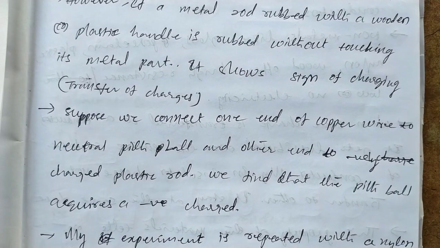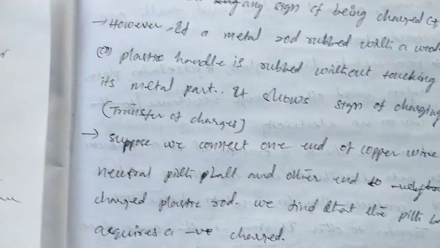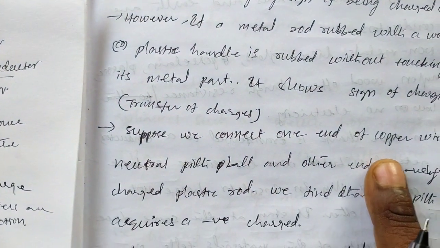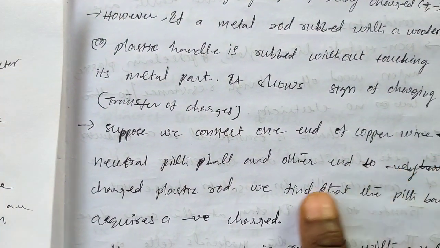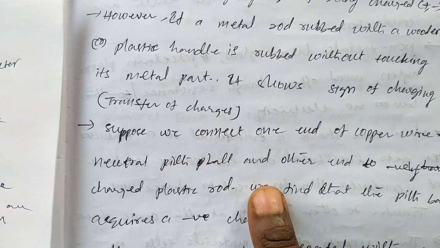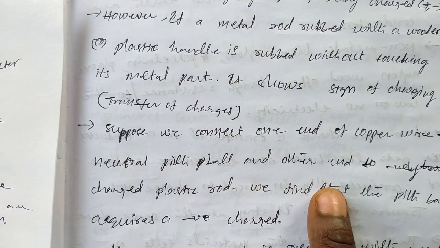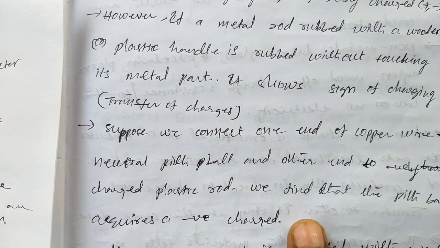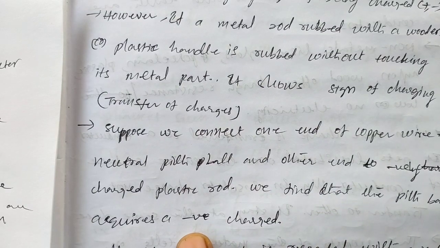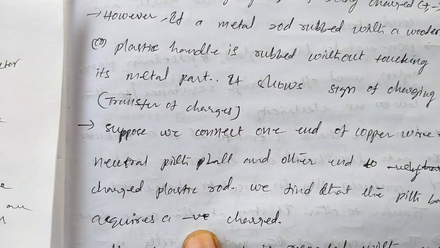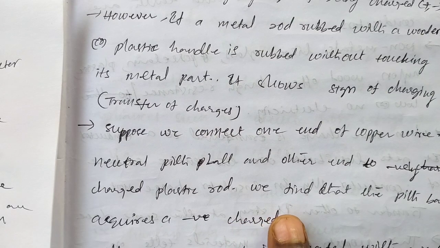Suppose we observe a copper wire connected to pith balls. The pith balls acquire a negative charge, because of the transmission.